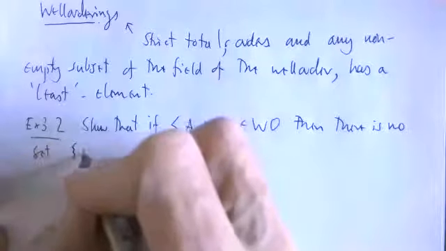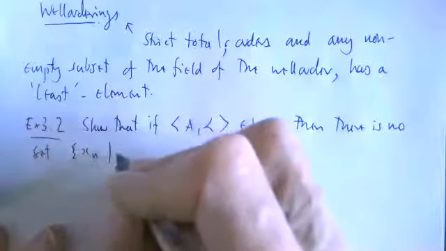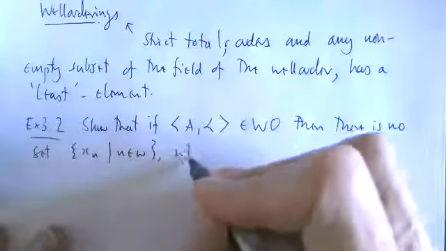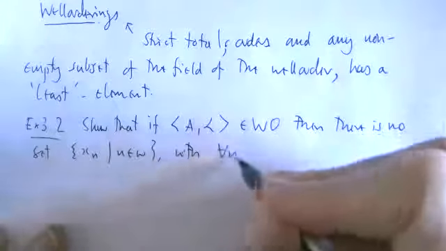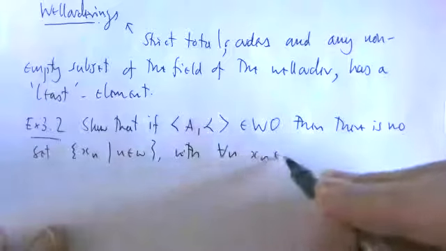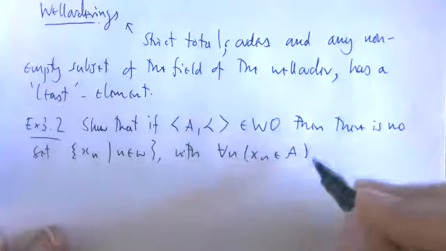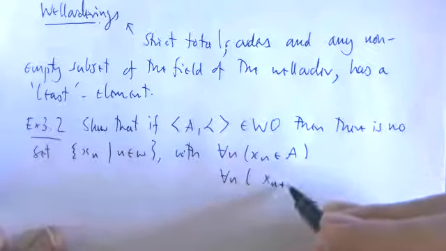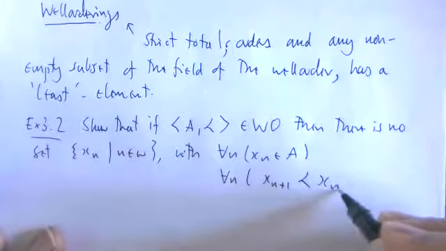So there is no set of objects xn with, for all n, xn is in A, and for all n, xn plus 1 comes below xn.